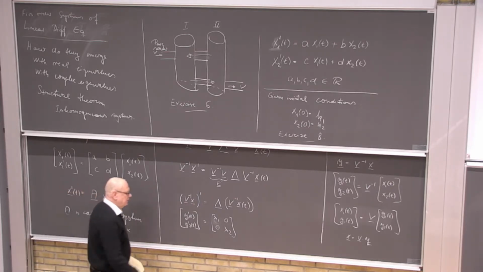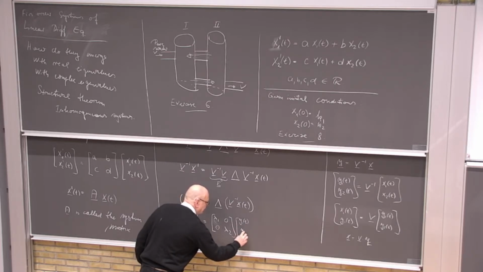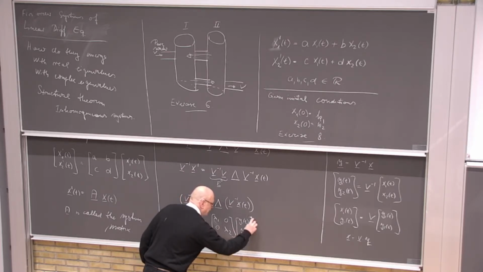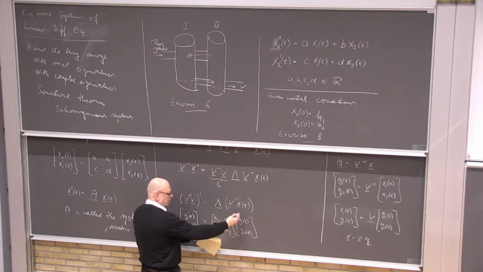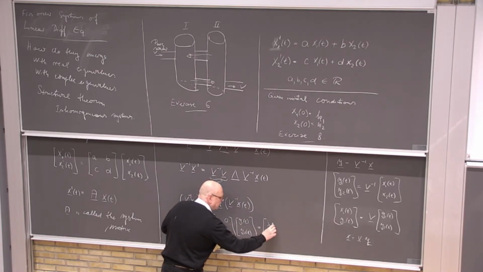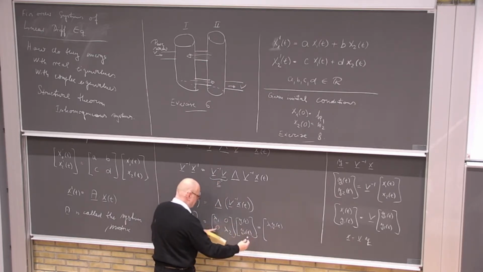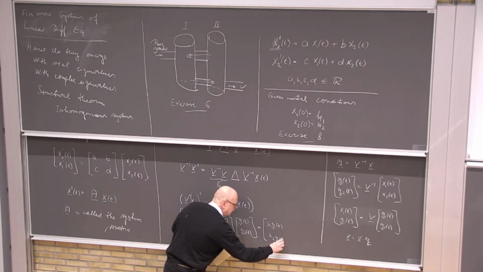And then you simply have y1, like this. Let me just compute this multiplication here, because I get then lambda 1, y1 of t, and 0 from the second term here, and then I get lambda 2, y2 of t.